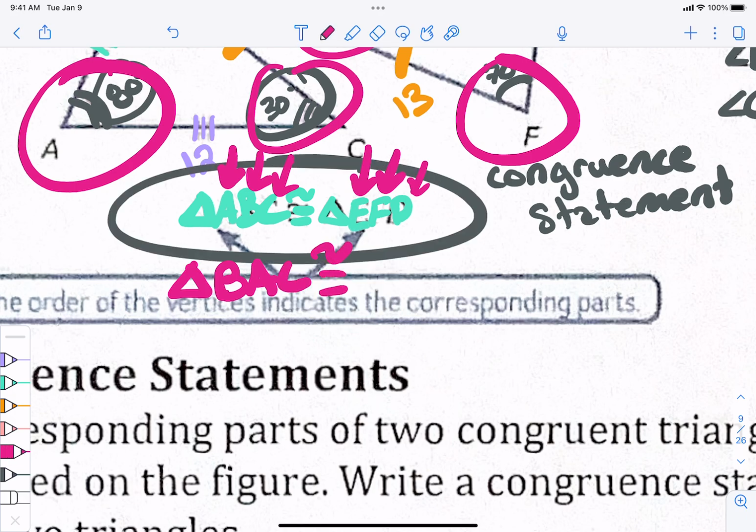I would say it is congruent to triangle... what order would the second one have to go in? FED, right? F has to go with B, E has to go with A, and D has to go with C. So if I put the first one in a different order, this one just has to match that order. Does that make sense? So it doesn't matter. Either one will work, just as long as the second one matches the first one. Good? Pretty easy.